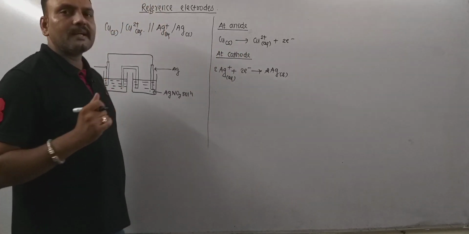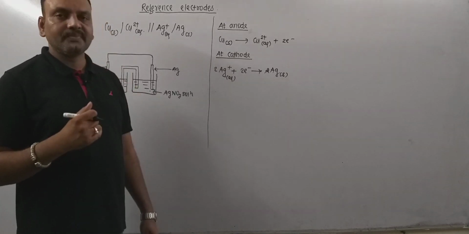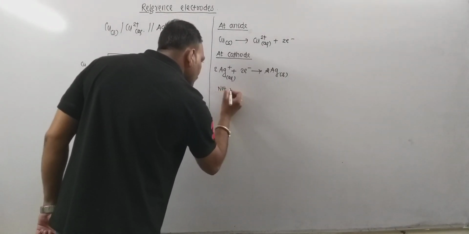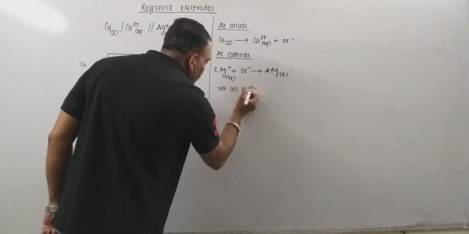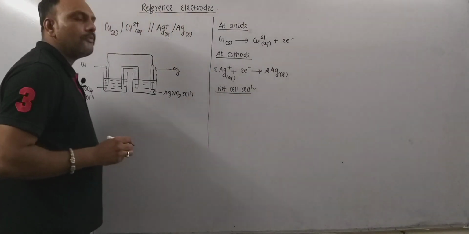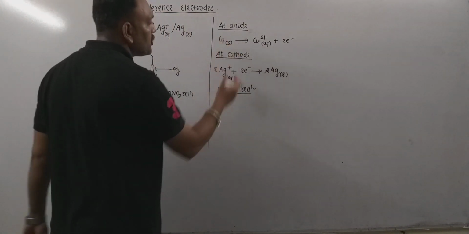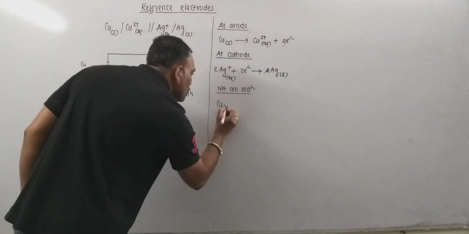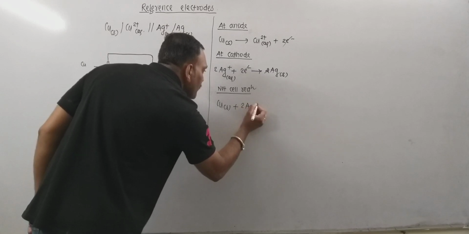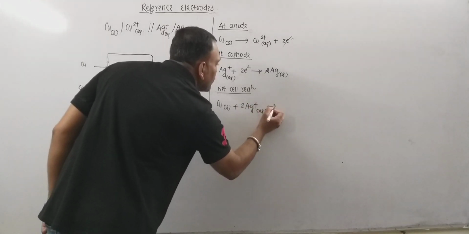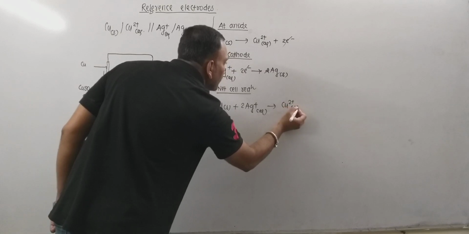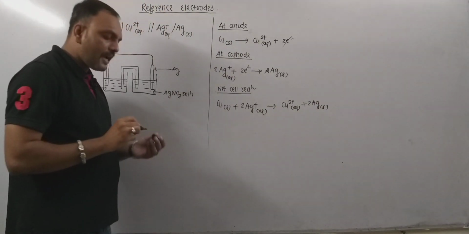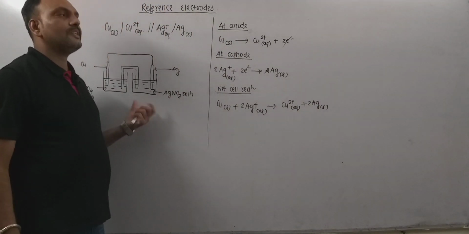We know very well that every cell is a redox; two types of reactions take place in the cell. So the net cell reaction is always a redox reaction which can be obtained by adding these two, due to which the electrons get cancelled. So Cu(s) + 2Ag+(aq) gives Cu2+(aq) + 2Ag(s). So this is the redox reaction taking place in the cell.